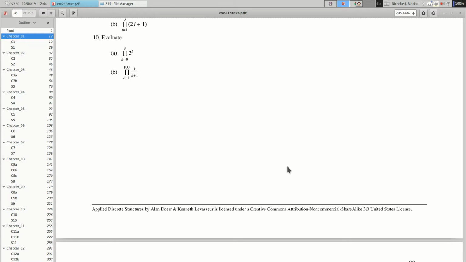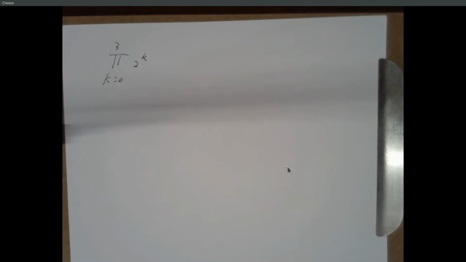And then 10 is the same thing, but we're doing products instead of summations. So product from k equals 0 to 3 of 2 to the k. Did anybody do that? Product k equals 0 to 3 of 2 to the k.